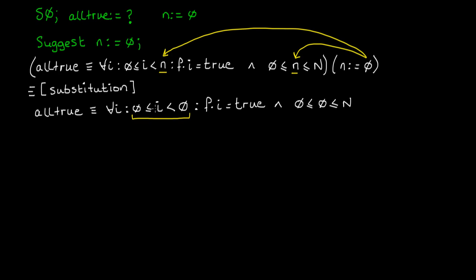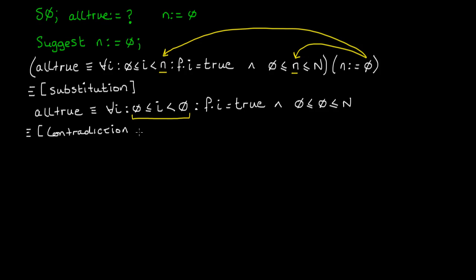This range is false. It cannot happen. There's no value for I that will satisfy that range. So the very first thing we apply to this now is we say, well, that's a contradiction, isn't it? So we can say contradiction.